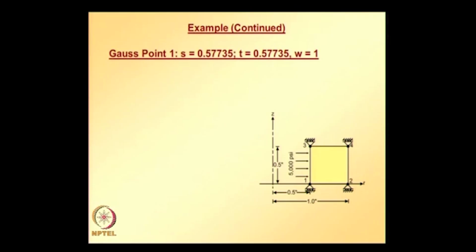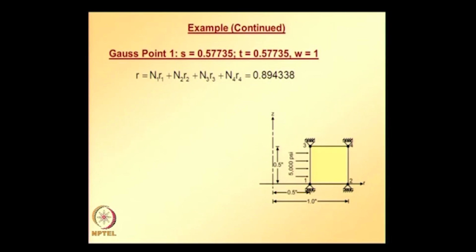So, at integration point 1, the S and T coordinates and weights are shown there, and using the isoparametric relation R is equal to N1 R1 plus N2 R2 plus N3 R3 plus N4 R4, we can easily find the R value at this integration point by substituting the S and T values.